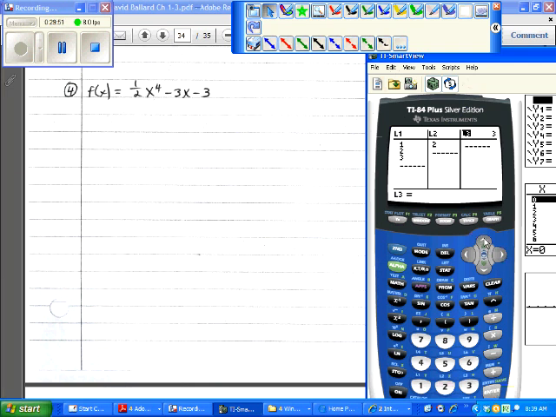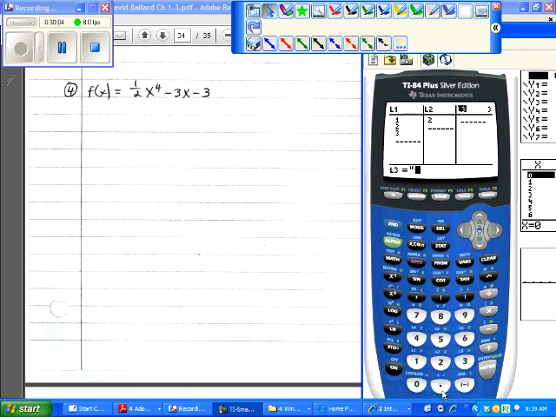I'm going to go to my L3 and I need to write a formula. So I go alpha plus sign to lock it in. I'm wanting the function value, so I need to plug in this formula. So I'm just going to use 0.5 for a half, L2.